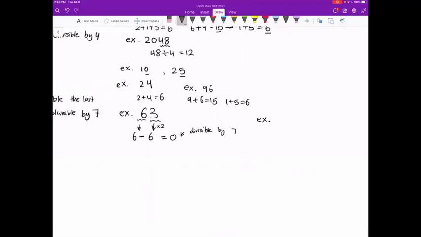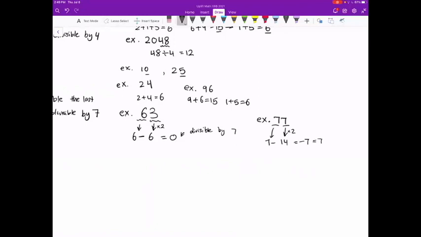Right. Another example that we could do is 77. When we take the last digit and double it, we get 14. When we move this 7 over, we get 7 minus 14, which is negative 7. When we take the absolute value of it, we get 7.